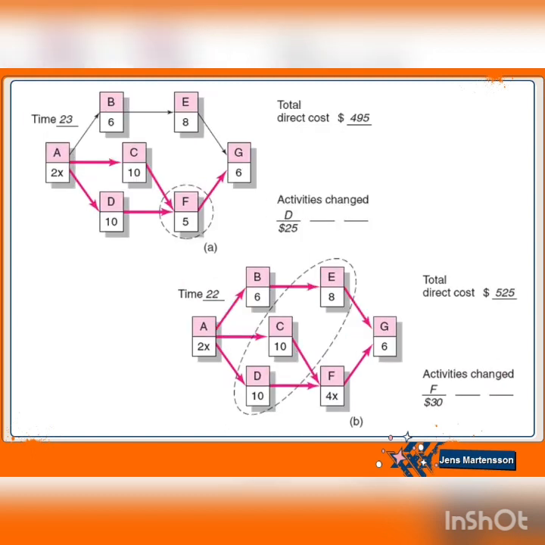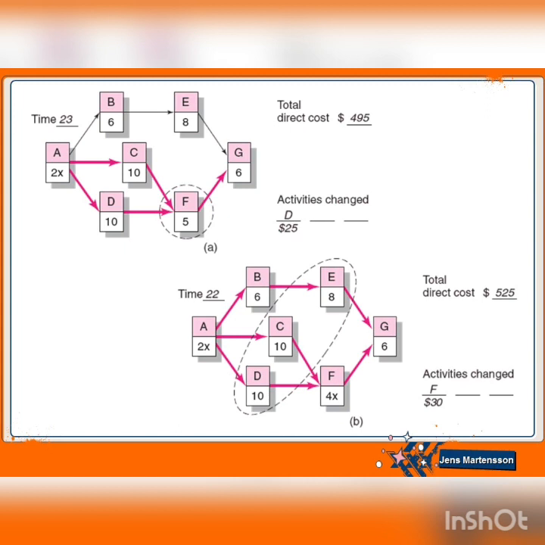If the project duration is reduced to 23 days, then activity D is reduced by 1 day at a slope cost of $25, so the total direct cost is $495.